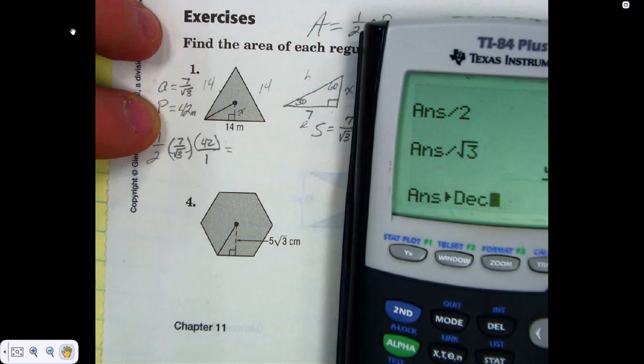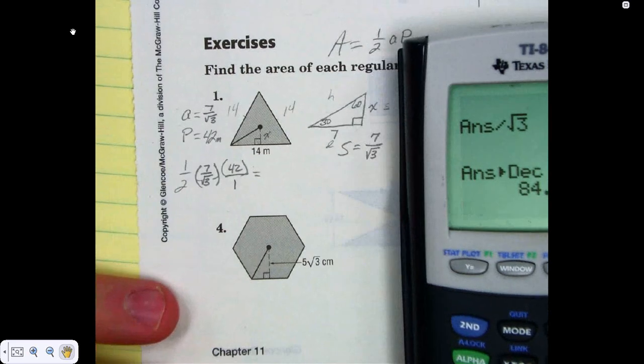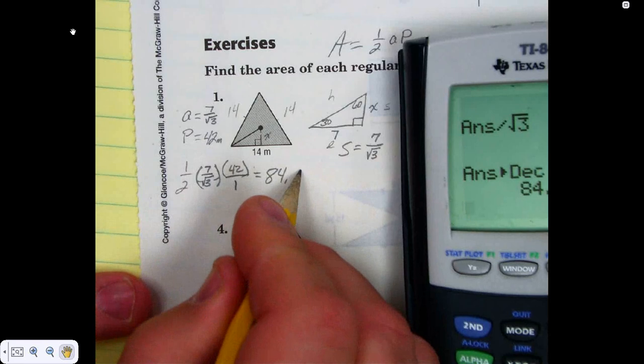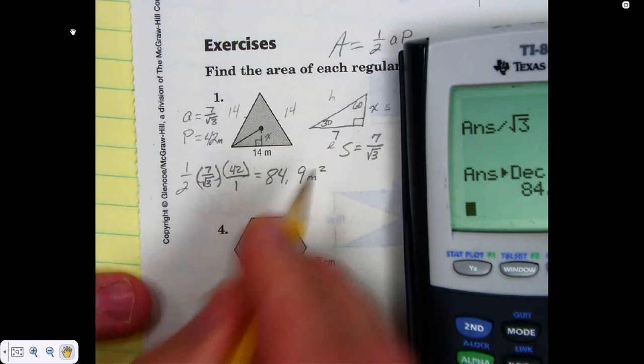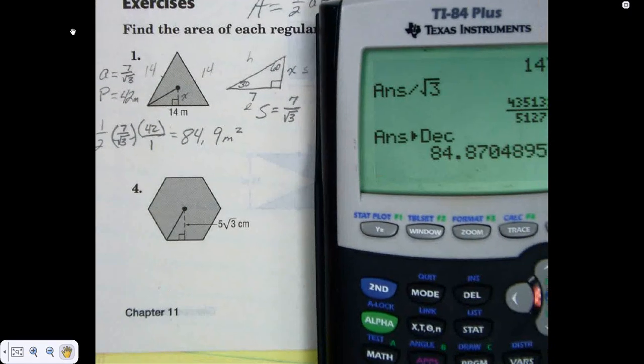Decimal. You guys got this? 84.9 it would be, wouldn't it? Meters squared. So we got the right answer both ways.